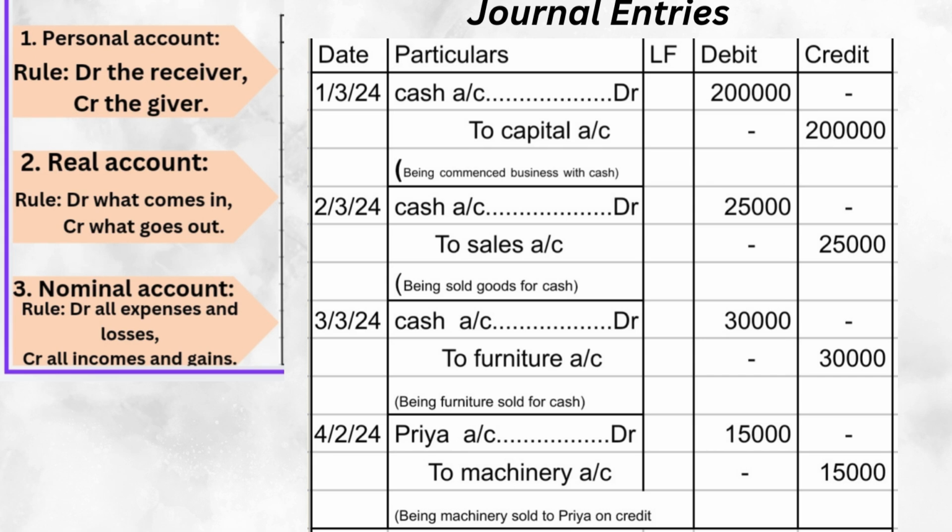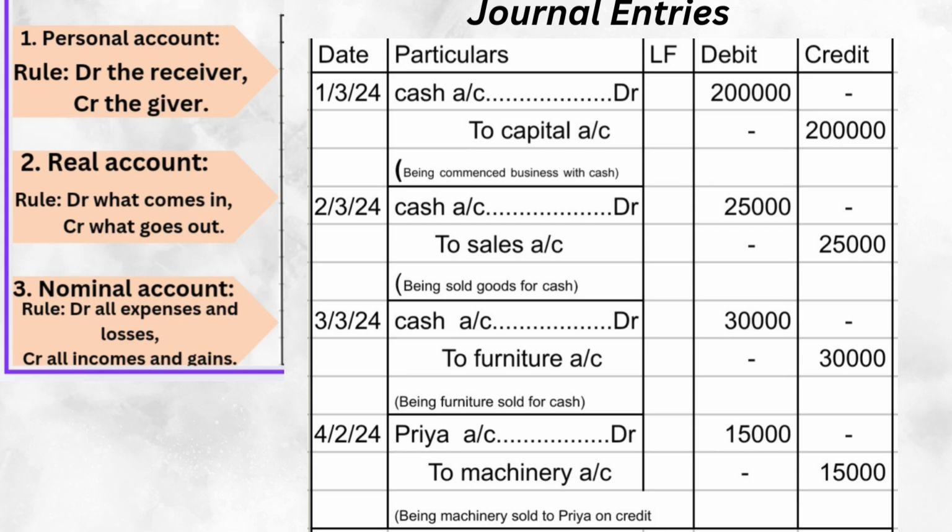Next, the last transaction, the fourth transaction, that is sold machinery to Priya. Here again you need to identify the transaction. Is "for cash" given? No. Is "for" given? No. Then what is given? Nothing. They only mentioned sold machinery to Priya, which means it is a credit transaction. You sold machinery to Priya, but Priya didn't pay you money, so she is yet to pay.